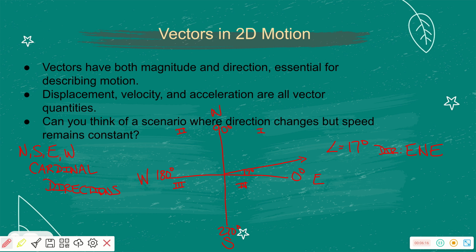So what do we know about each one of these quadrants? How many degrees are there in each quadrant? 90, because each one of these is a right angle. So what would be the midpoint of the first quadrant, angle-wise? What's the halfway point between east and north?